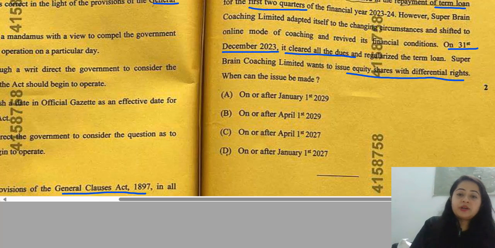So here from 31st December 2023, for the next 5 years, this company cannot issue differential right equity shares. That means till 31st December 2028, it cannot issue them. After that, from 1st January 2029 or later, it can issue such shares. So our correct answer here is going to be A.